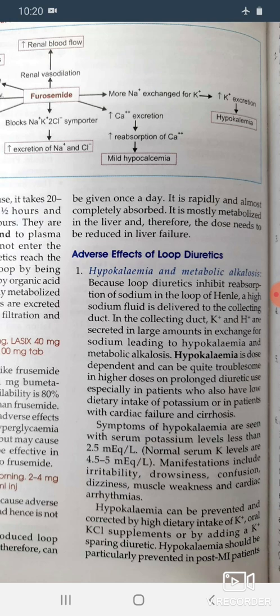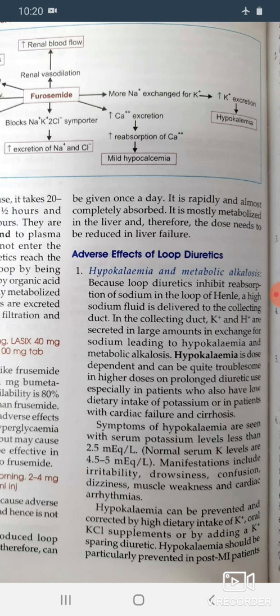First, high dietary intake of potassium. Whenever the loop diuretics are taken, they are taken along with a diet which has potassium supplement. Or second, if the diet cannot include potassium, then oral KCl supplements are added, meaning tablets or capsules of potassium are prescribed along with the loop diuretics.